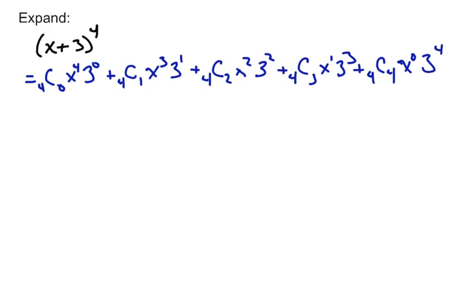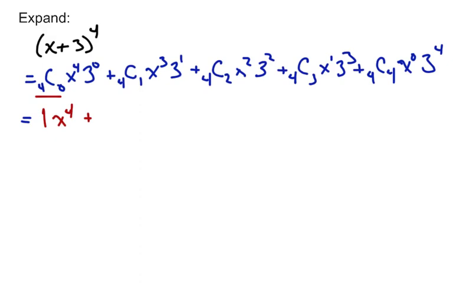Remember, this corresponds to one of the rows in Pascal's triangle. And the thing about Pascal's triangle is that it always started off with 1. We'll have x to the 4th, and 3 to the first power is also 1. The next term would be 1, 2, 3, 4, 5, something like that.